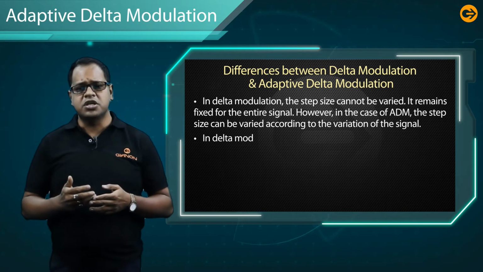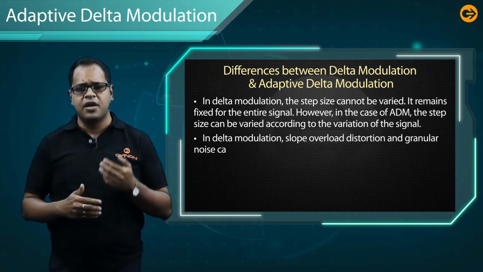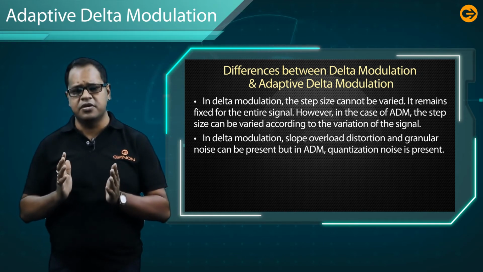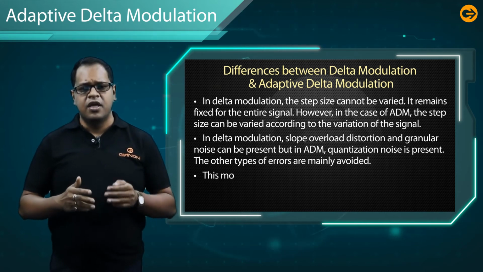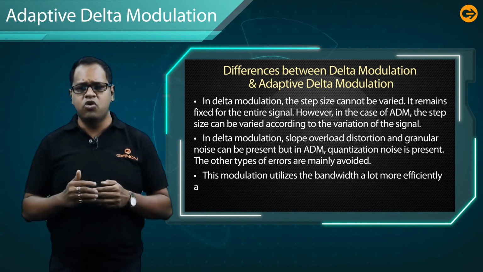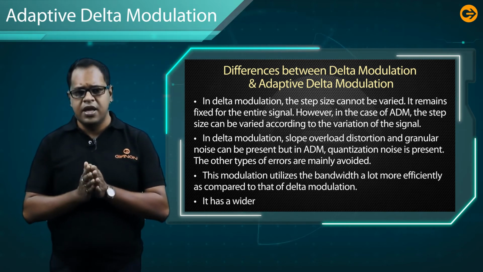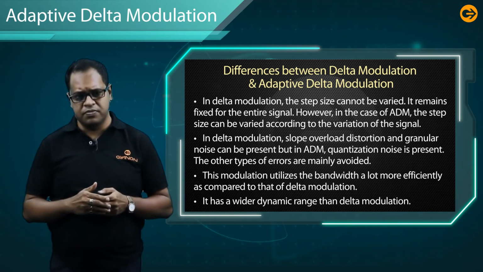In delta modulation, slope overload distortion and granular noise can be present, but in adaptive delta modulation, only the quantization noise is present. The other types of error are mainly avoided. The modulation utilizes the bandwidth a lot more efficiently as compared to delta modulation. It has a wider dynamic range than delta modulation.